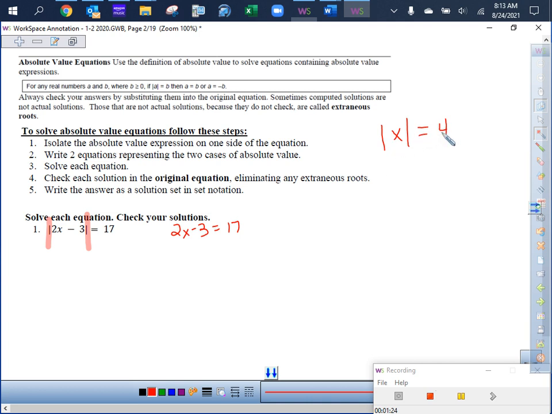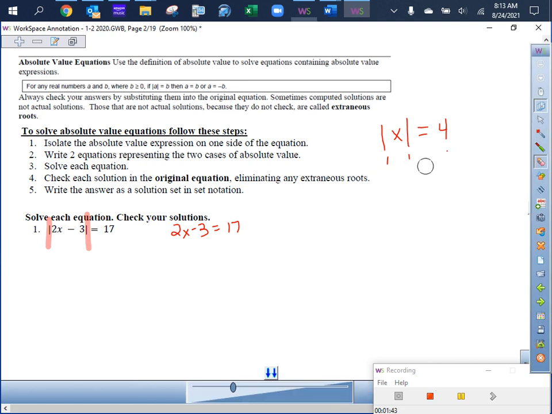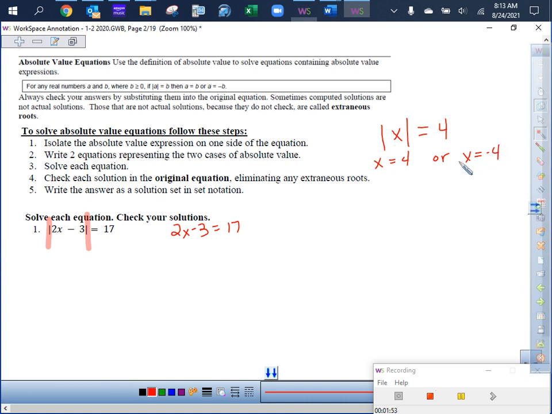Is there anything else that could be in there besides just a 4? Couldn't x be -4 also? Because the absolute value of -4, won't that come out to be 4 also? So there were actually 2 different situations. x could have been 4, or x could have been -4. And those would both work in that case, right?